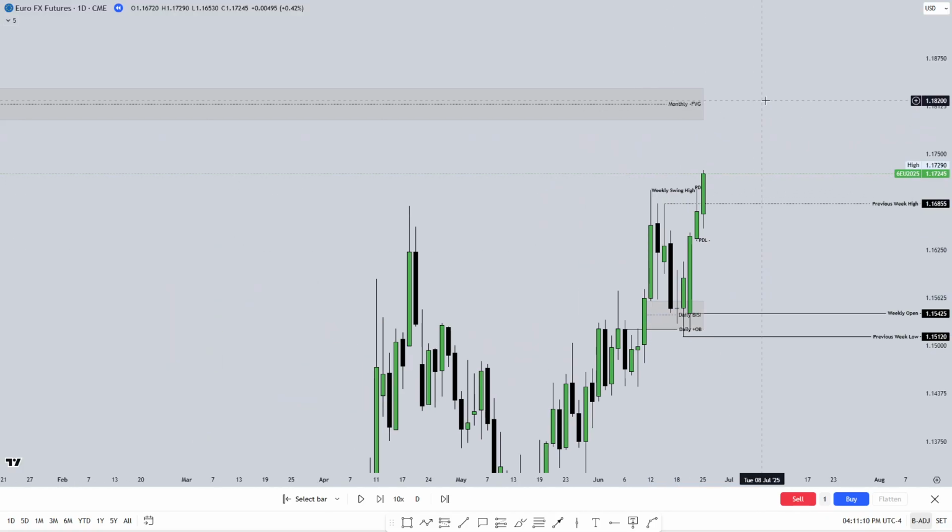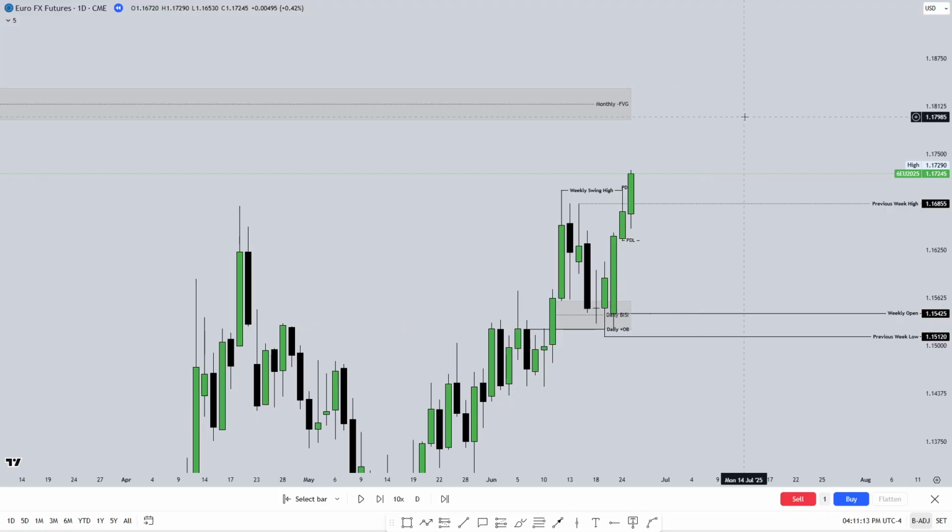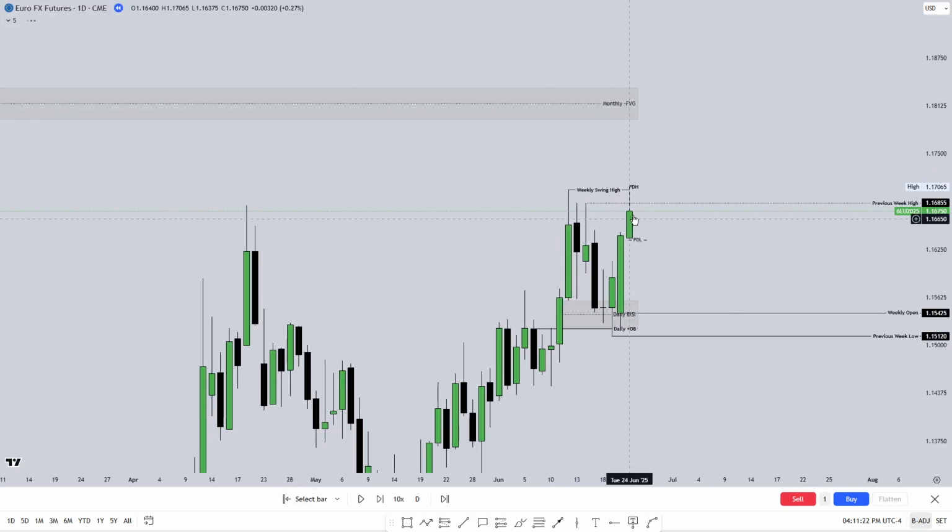And what I'm using as an external draw on liquidity, because this is a really important point here as well, is this: you can see that since that move has already happened, based on the conclusion of this previous day candle, it already took out this weekly swing high. Why am I not looking for shorts after that?